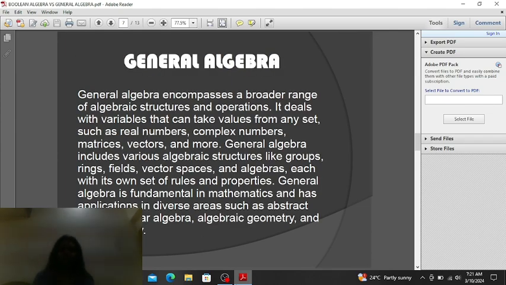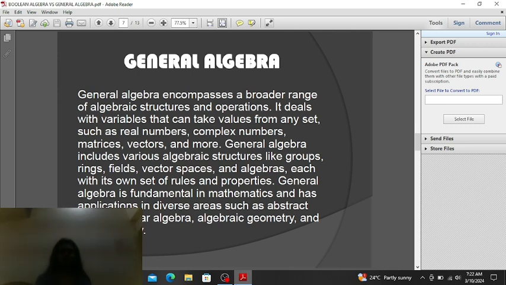So, the second main topic is general algebra. General algebra encompasses a broader range of algebraic structures and operations, which means that it deals with variables which can take values from any set, such as real numbers, complex numbers, matrices, vectors, and many more.